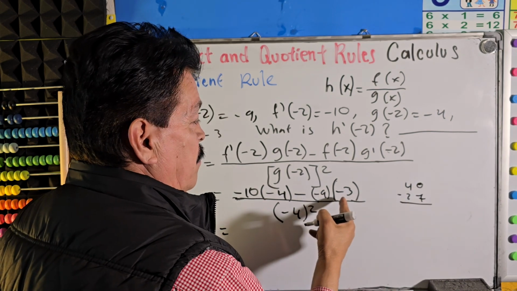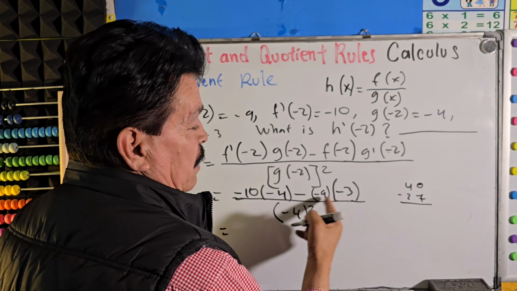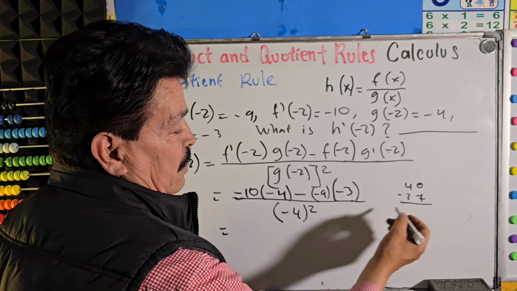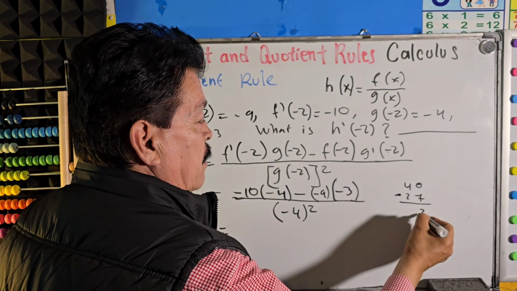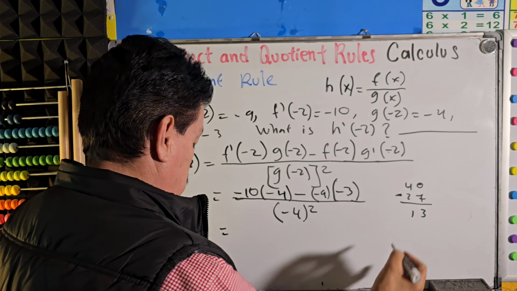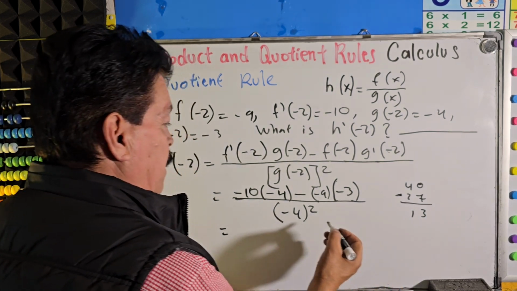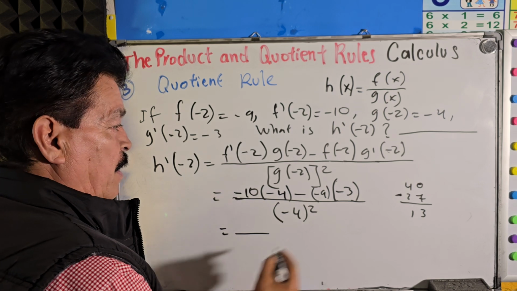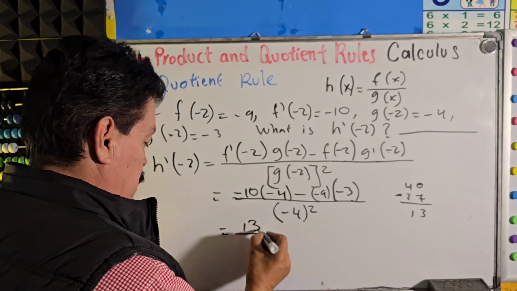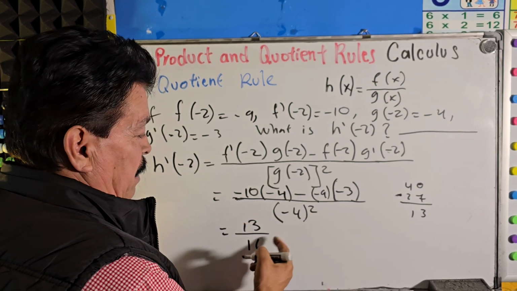Yeah, because this will be positive right here. Minus 27. How much is it right here? So the answer is 13, positive. And the bottom is 16.